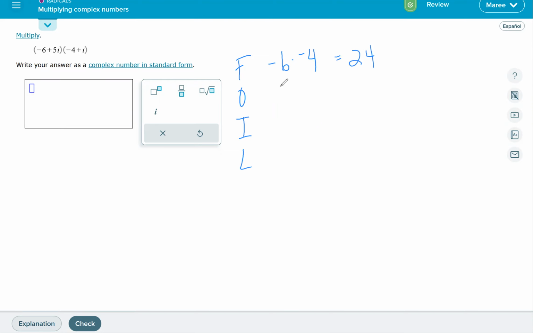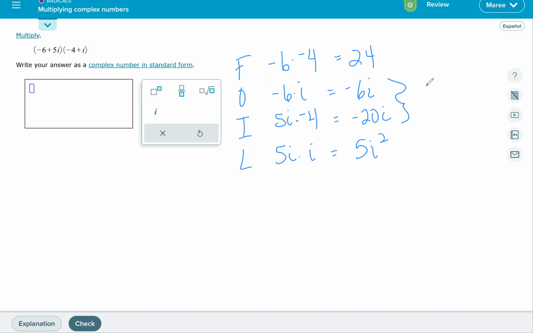The outside is a -6 times an i, which is -6i. The inside is a 5i times -4, and that is a -20i. And the last is 5i times a positive i, which is 5i squared.